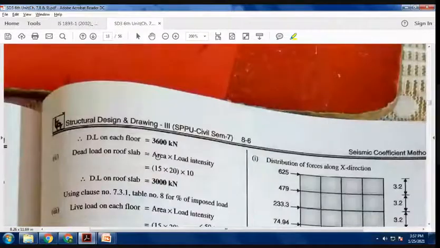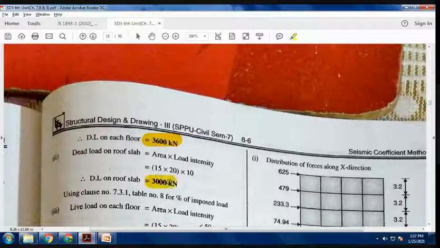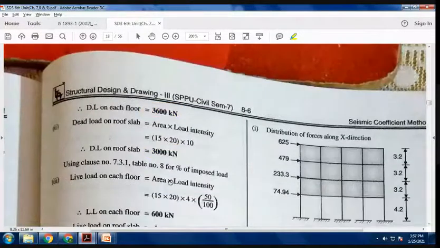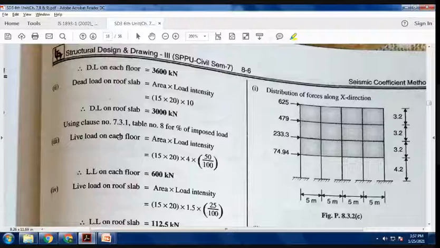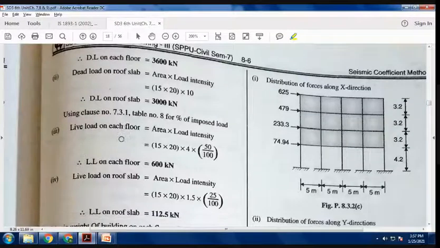Therefore dead load, how will we calculate? Area multiplied by intensity, 15 by 20, and dead load he has given 10. So we have got 3000 kilonewton. So here we have got dead load on each floor and dead load on roof slab, correct? Then we have finished with the dead loads, then we will go for the live loads.